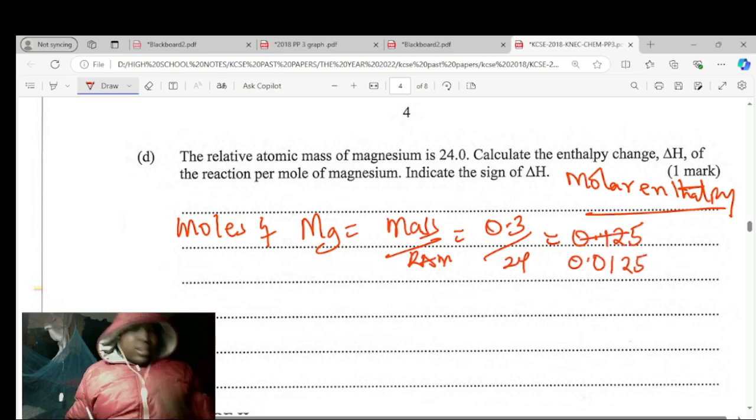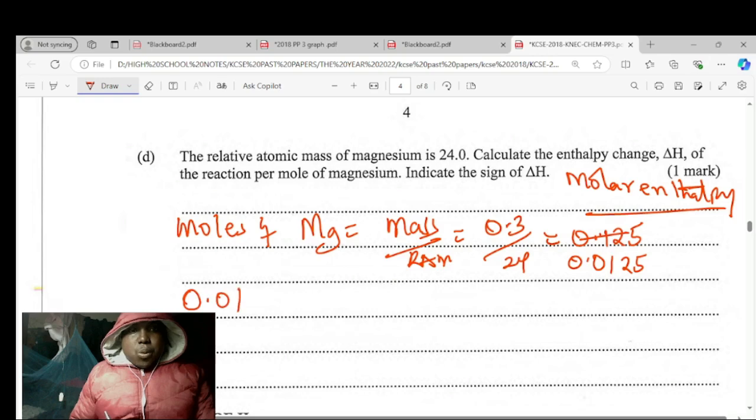Moles. That is the number of moles. So this is the moles that produced 5.88 kilojoules. So we say 0.0125 moles was able to produce 5.88 kilojoules. Now, what about 1 mole? Because molar means for 1 mole.